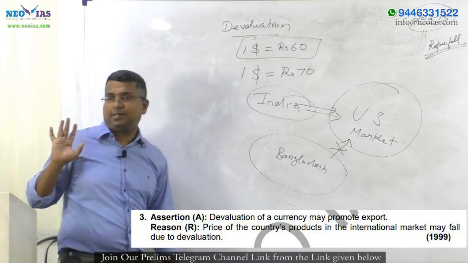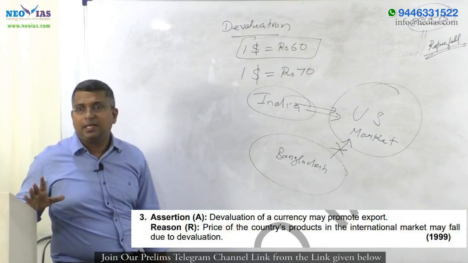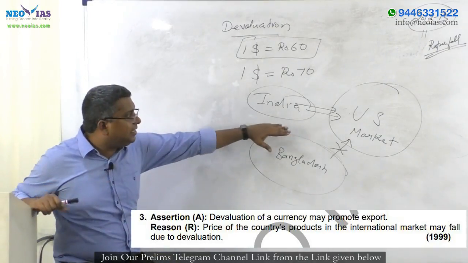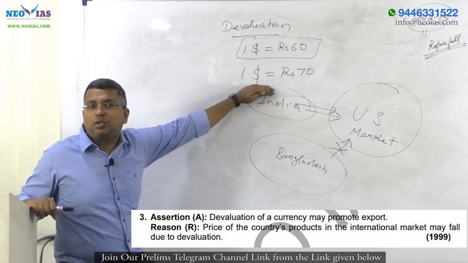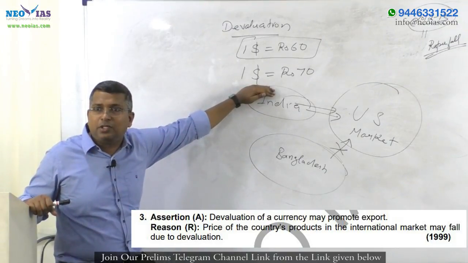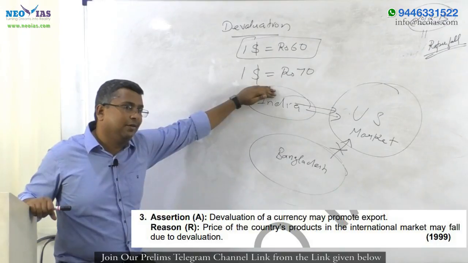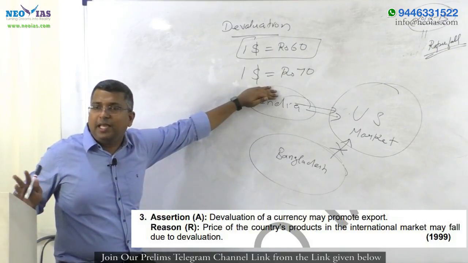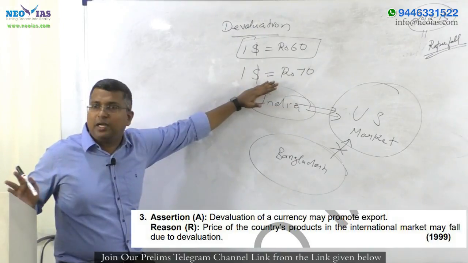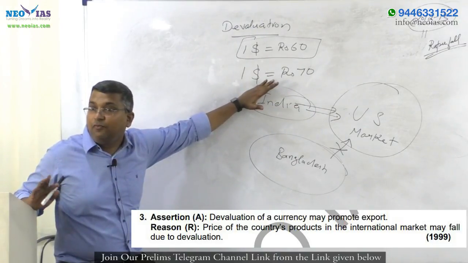It will increase. That's the reason why when a country devalues, this is what is called, now I am going to explain another thing, the currency war. See, war is not always about two countries attacking each other. There are different forms of war.